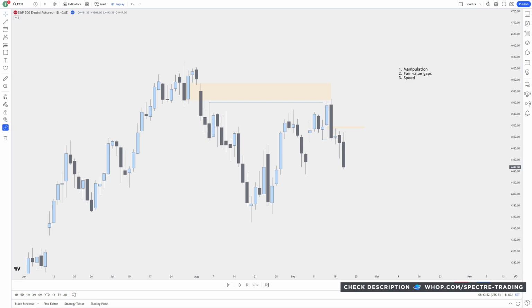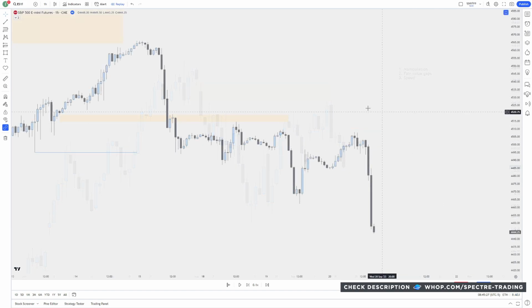Now then, here we are on the same chart, but this time on the hourly time frame. What can we see? Relatively equal highs being manipulated, price trading above and then moving lower. Once again, we have an old high being traded above, buy side liquidity manipulation, and then we're displacing lower with fair value gaps and speed. You can see how quick these candles are forming relative to these up candles.